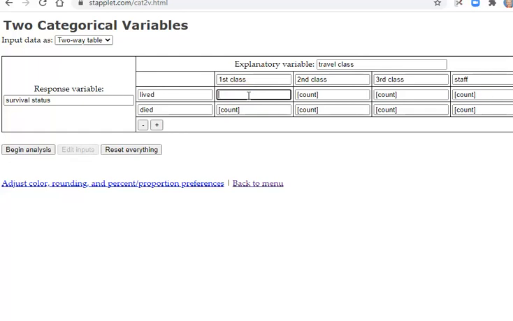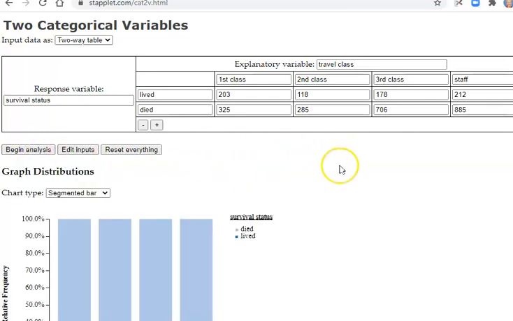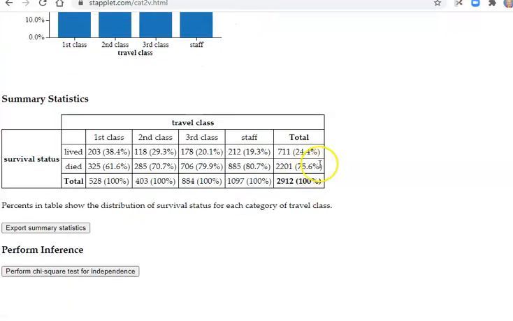So we have 203, we can tab to go across, 118, 178, and 212, and tab, and then 325, 285, 706, and 885. Now, after we've done that, we just hit Begin Analysis, and it gives us a graph, and it gives us a table.